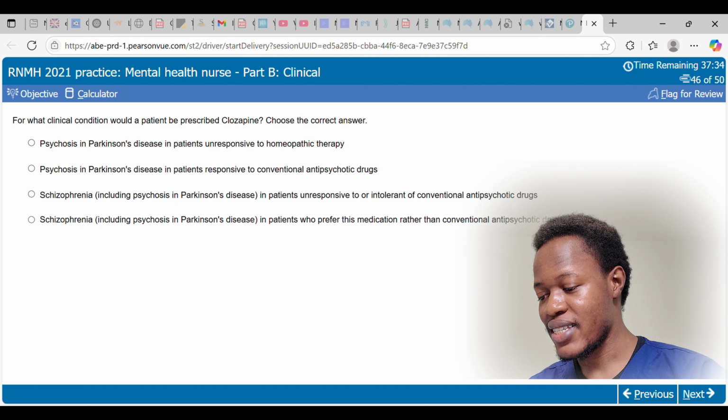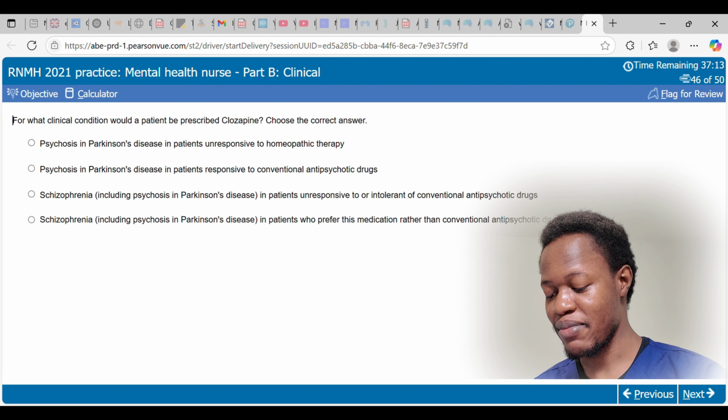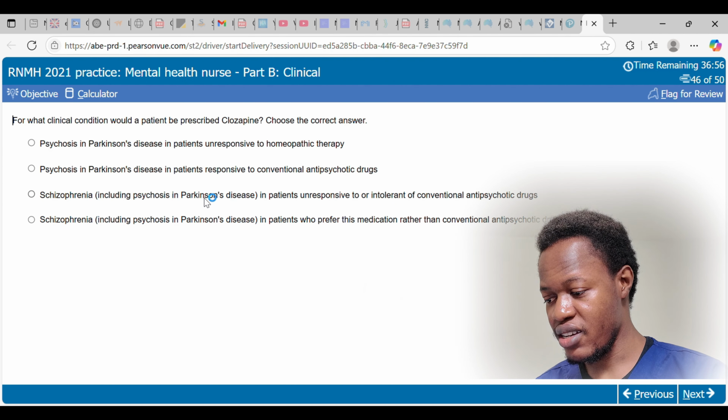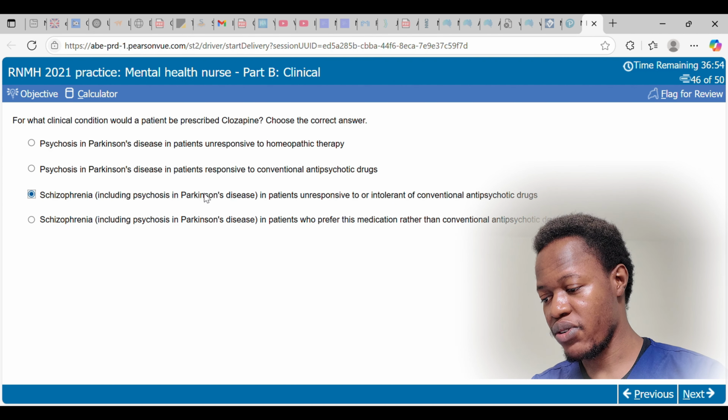B says psychosis in Parkinson's disease in patients responsive to conventional antipsychotic drugs. C says schizophrenia, including Parkinson's disease. To be honest, I'm not too sure because I'm not a mental health trained nurse, but I think it should be C.